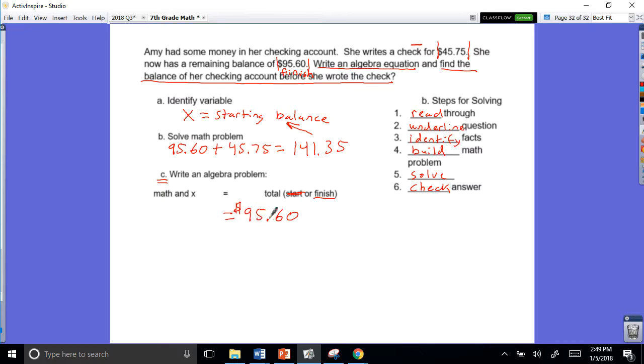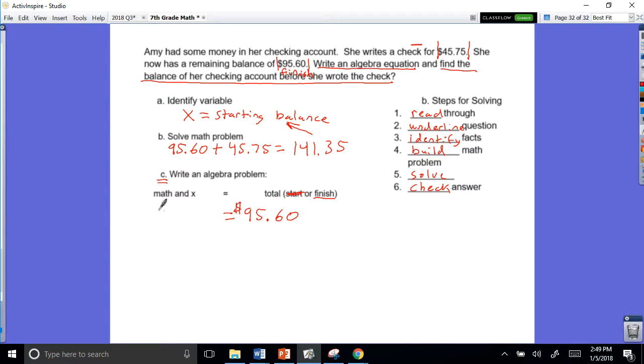So to get this total, the math over here on this side, we have to take what she had before and subtract the amount of her check, and that will get us $95.60. $141.35 minus $45.75 will get us this right here.